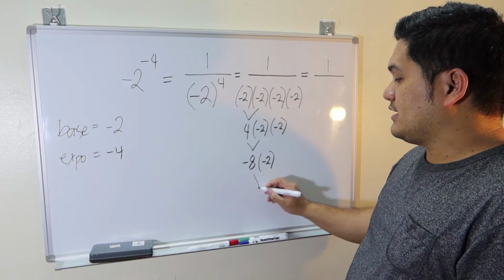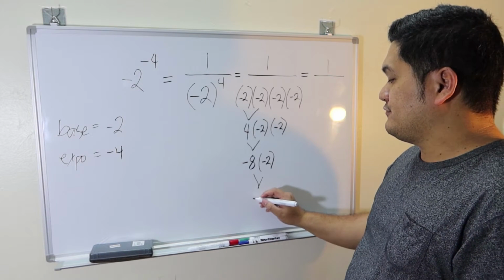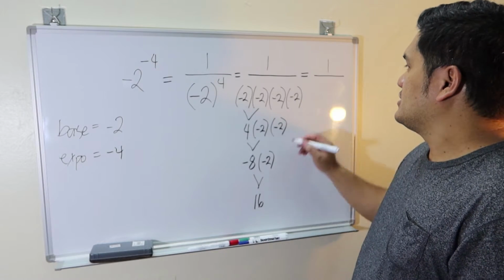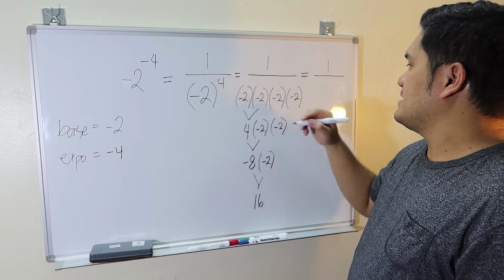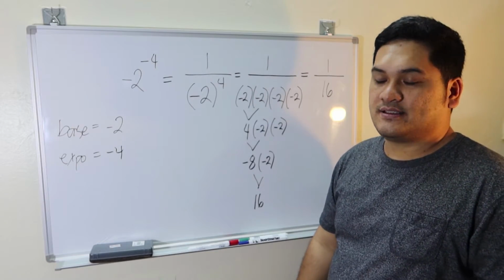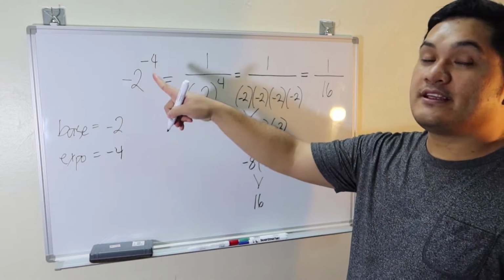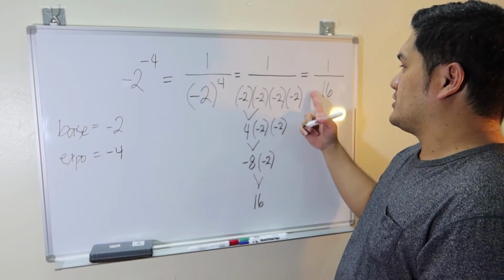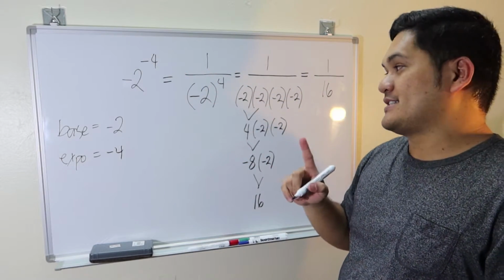So your answer here would be positive 16. So this would be positive 16. Your negative 2 raised to the power of negative 4 is equal to 1 over 16.